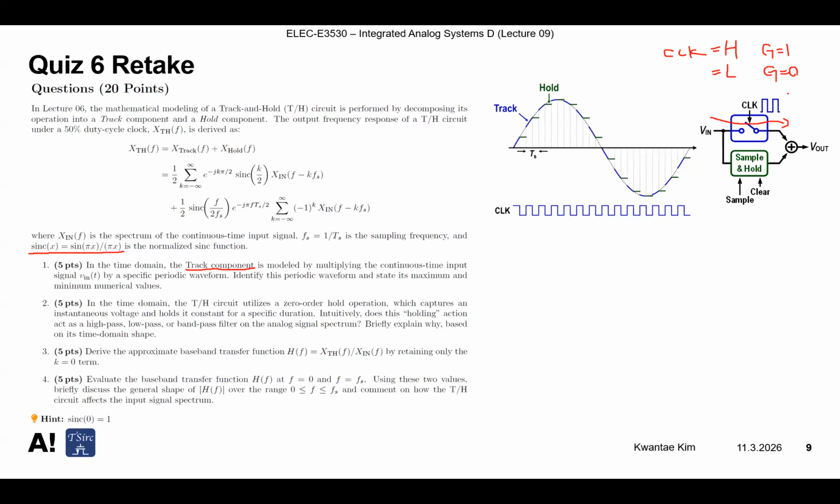Otherwise, if we set the gain to non-zero, then the track operation will affect the hold output of the sample and hold operation, as we went through for the theoretical expectation. You can also find the equation for it. So in this case, this is a rectangular or square wave.